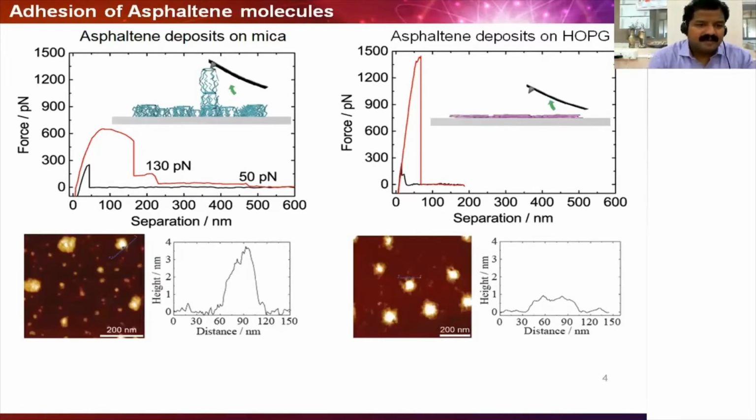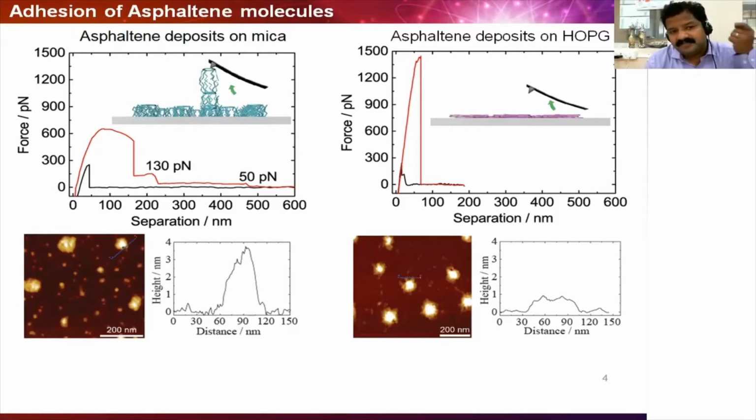For example, this is an AFM image of an asphaltene deposit formed on mica, and the AFM tip is brought into this deposit and force distance curves are performed. For the deposits on mica, the retraction curve, represented in red, shows different steps or peaks, showing different adhesion events.